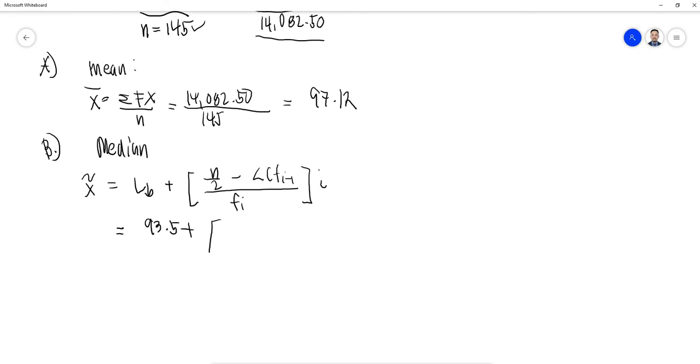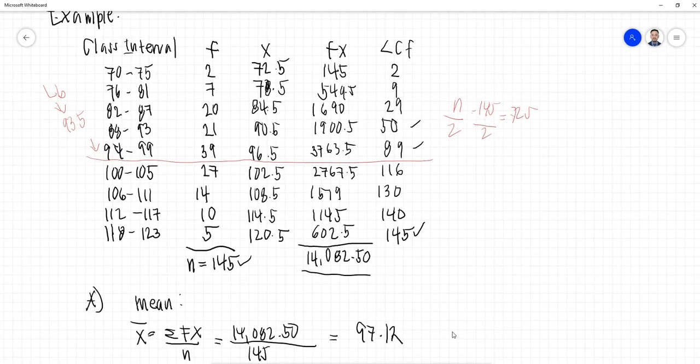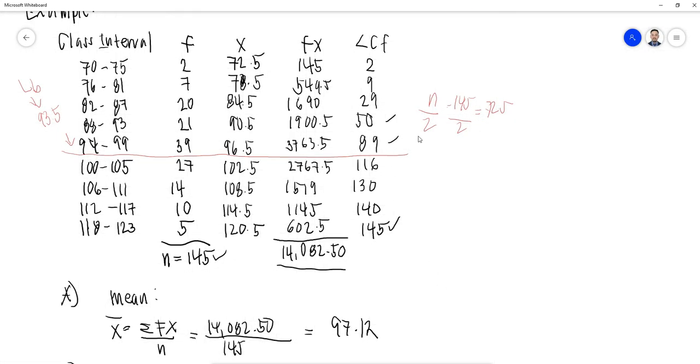Plus n is 145 divided by 2 minus the less than cumulative frequency before the median class. The less than frequency before the median class is 50.